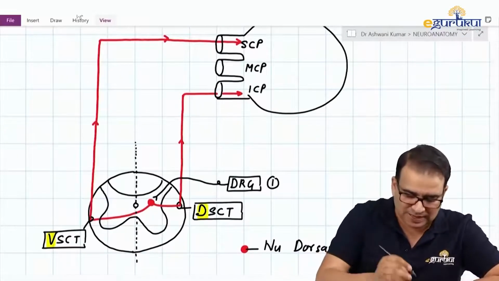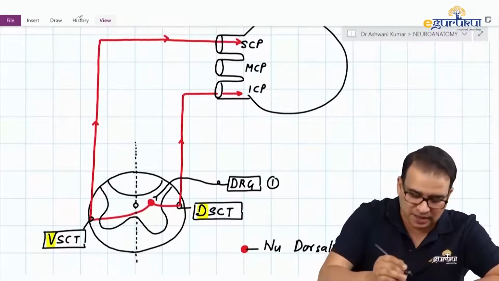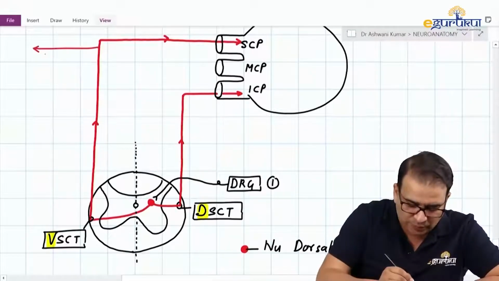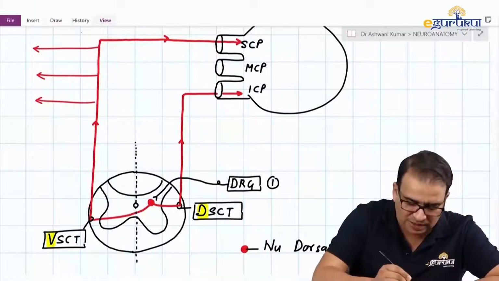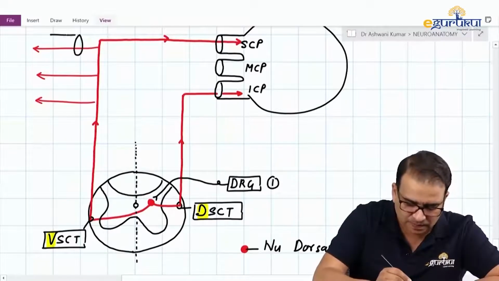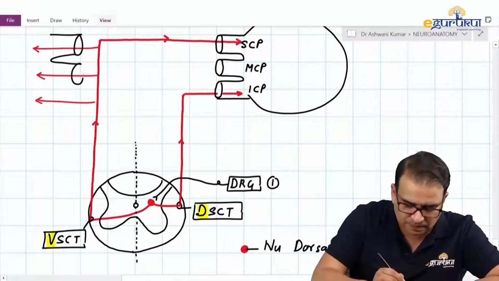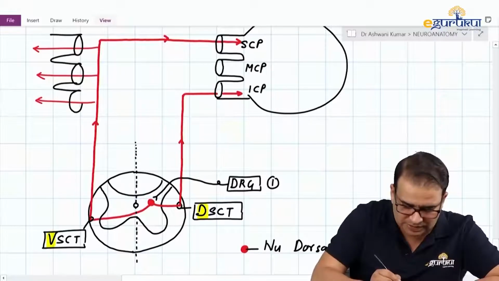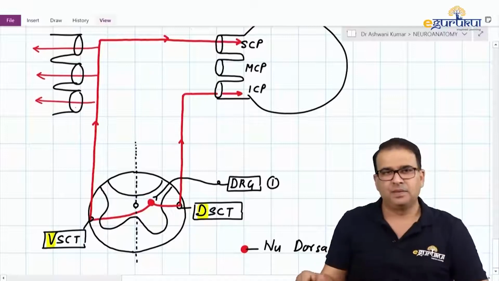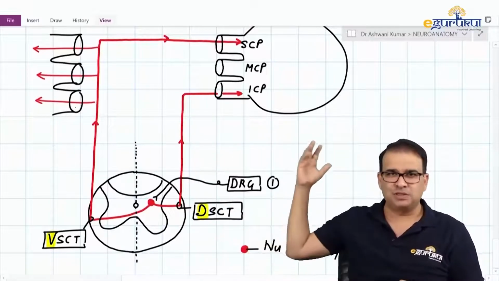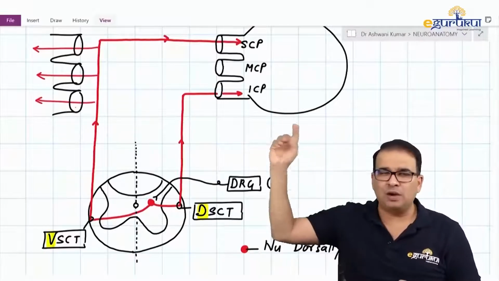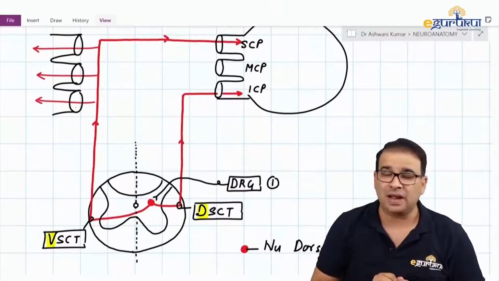Because it is going to the other side, when it runs on the opposite side, it gives collaterals to the opposite cerebellar hemisphere, passing through the cerebellar peduncles. Look at this. These are the cerebellar peduncles of the other side, the opposite cerebellar hemisphere. So the ventral spinocerebellar tract, yes, comes to the same side, but it also gives some collaterals to the opposite cerebellar hemisphere, and that is very much needed.